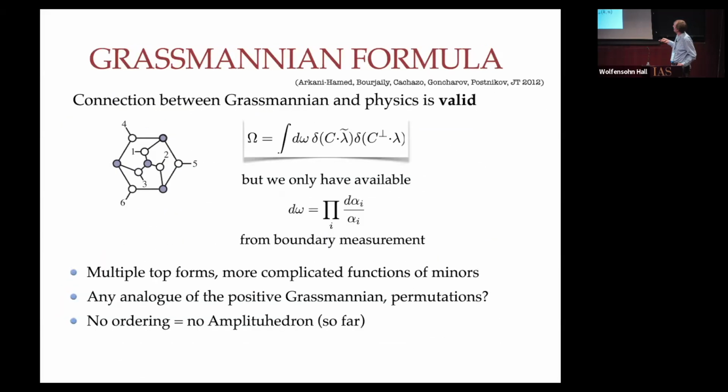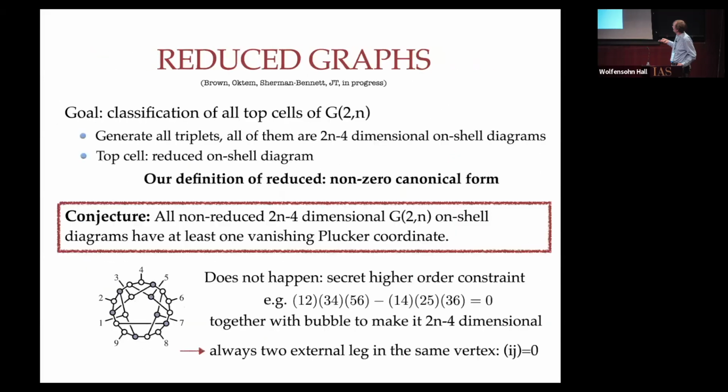Now, in the non-planar case, in principle, we can also have some complicated diagram which has the correct dimensionality, but there is some secret polynomial condition which is imposed on the matrix in the diagram. This will actually happen once we go to G3n and beyond.